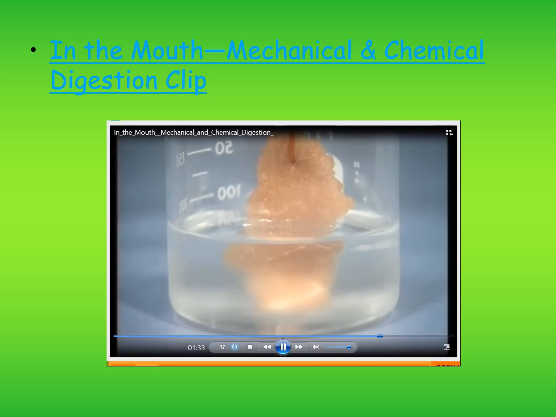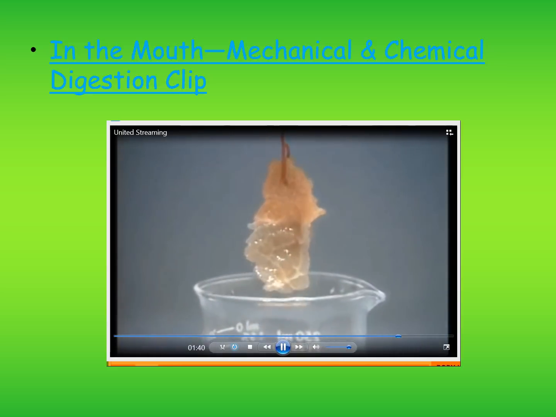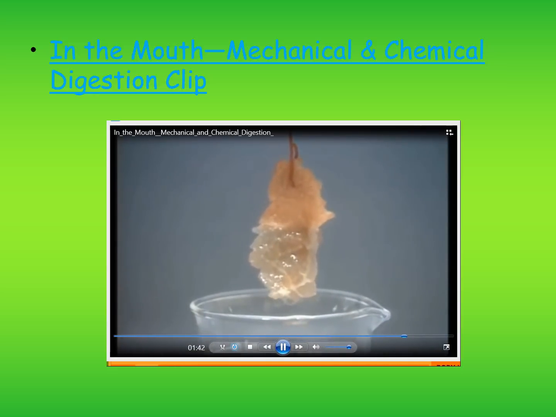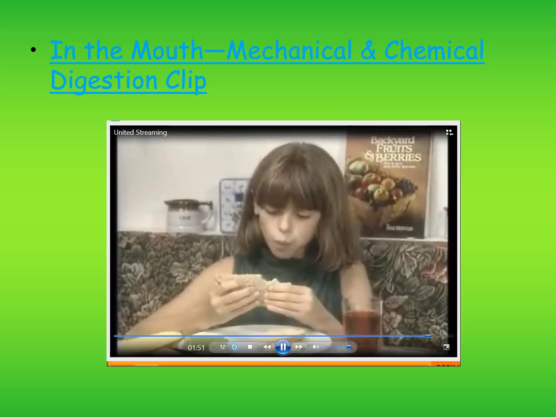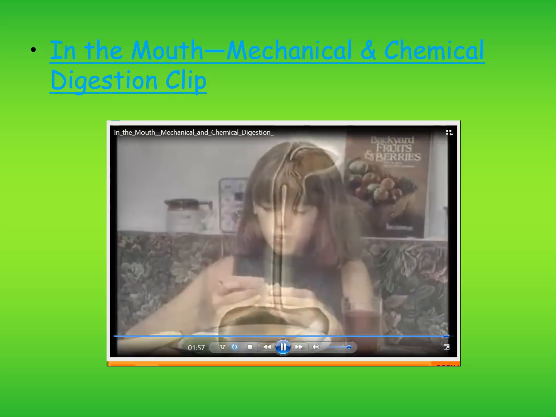The meat doesn't break up into different pieces, but in less than an hour, it changes its color and texture. The enzymes in gastric juice caused protein molecules in the meat to break down into smaller molecules. After food has been chewed, you swallow it, and it begins its journey through the rest of the digestive system.